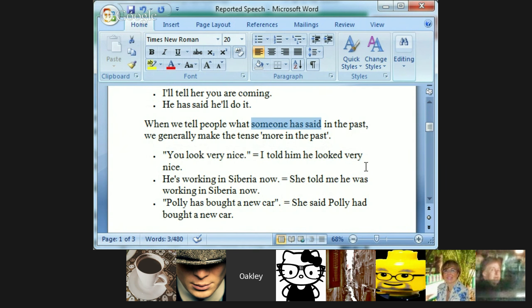So this is what he has said in the past, because he could say something different. So it does work here with the present perfect tense, meaning that it's in two ways. It's related to the present because right now I'm reporting to you what he said in the past. But also we can say this because they could change what they say. People do it all the time.